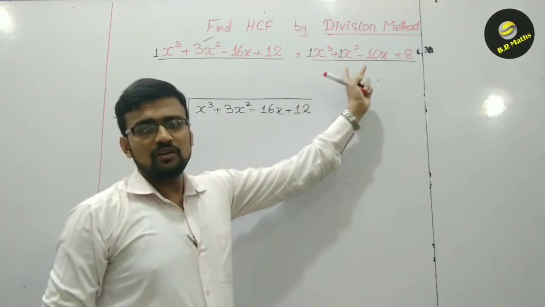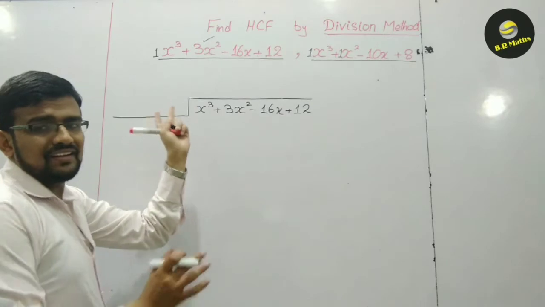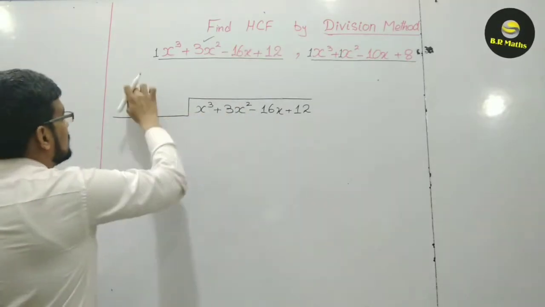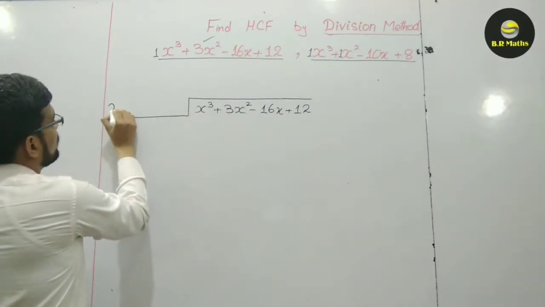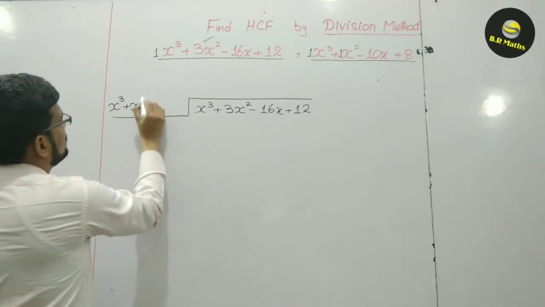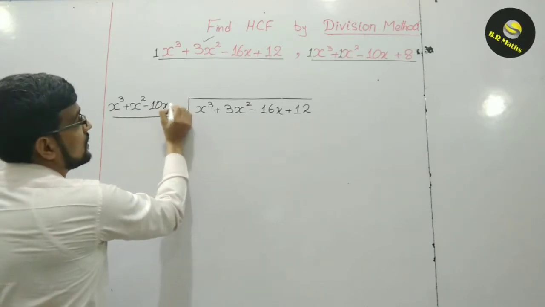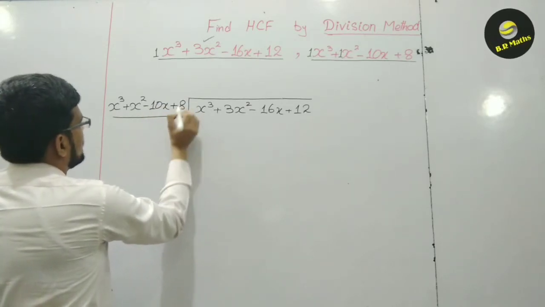And this is the smaller one, so this polynomial acts as the divisor. You need to write it outside the box: x cube plus x square minus 10x plus 8.